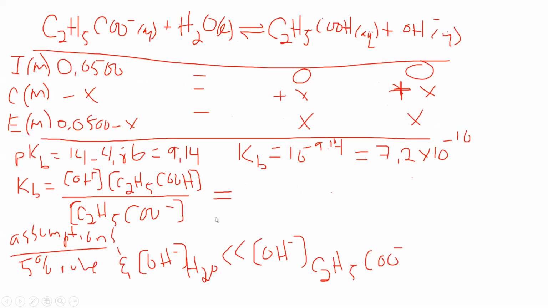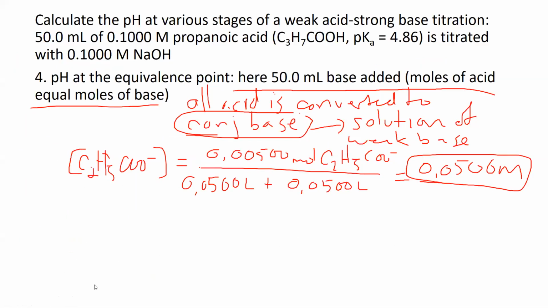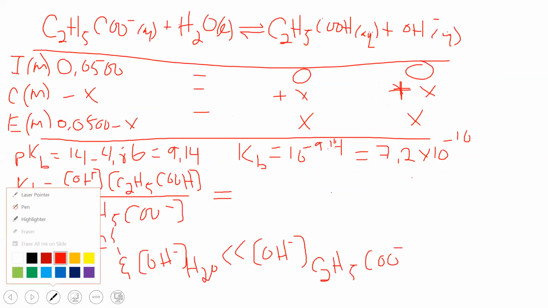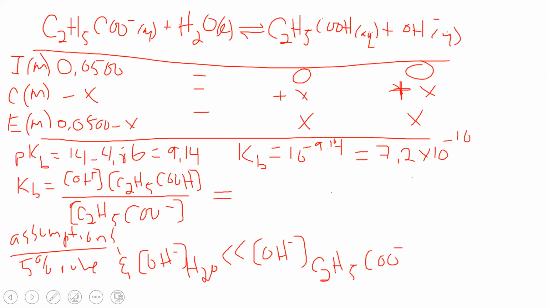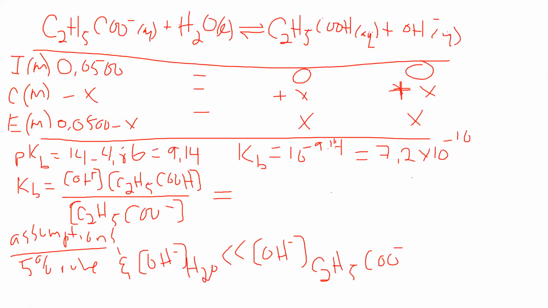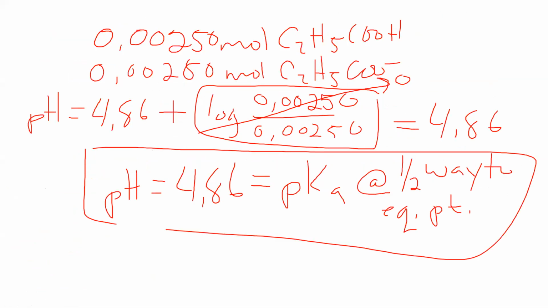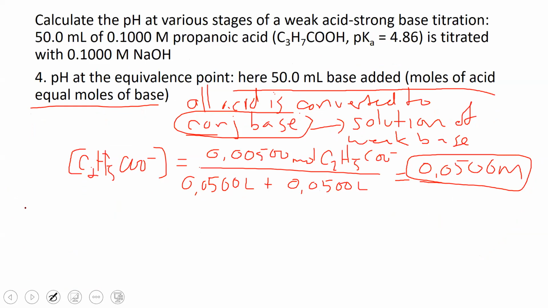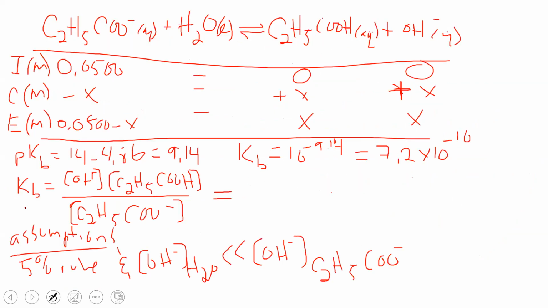Okay, so we're at a point now where we have these assumptions that we're making, the same type of assumptions that we've done in the past. So we can plug in the values for the concentrations at equilibrium. Okay, try this again. There we go.